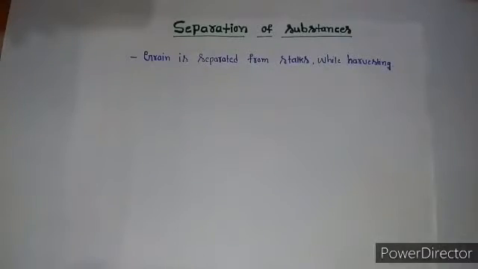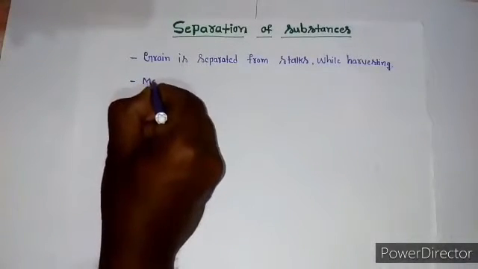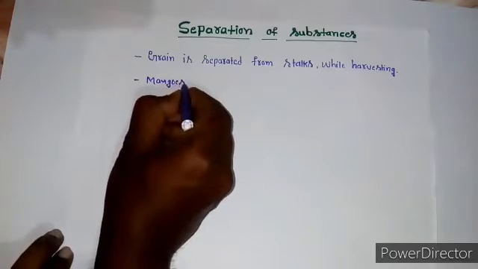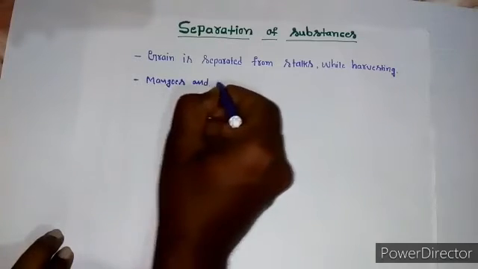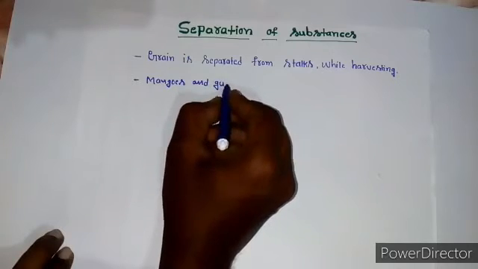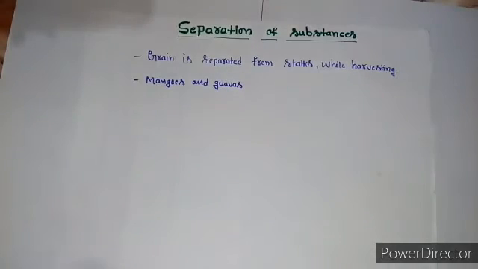Suppose you are given a basket containing mangoes and guavas, and asked to separate them, what would you do? Pick out one kind and place them in a separate container, right?